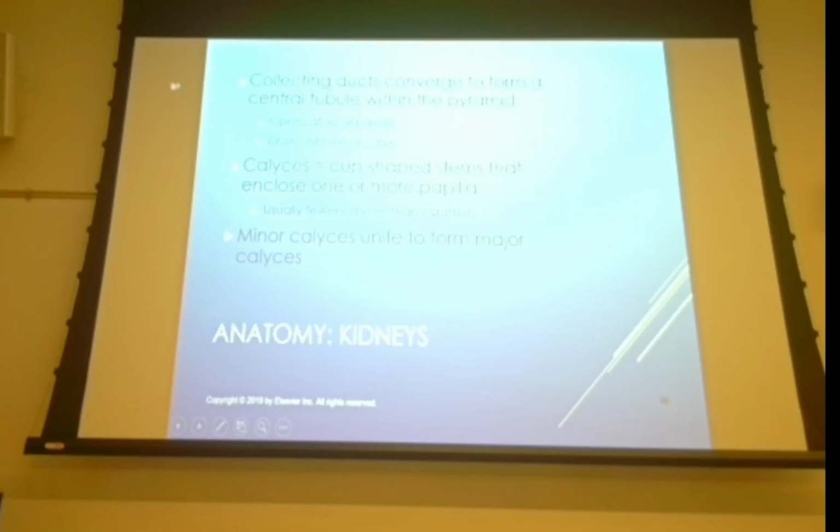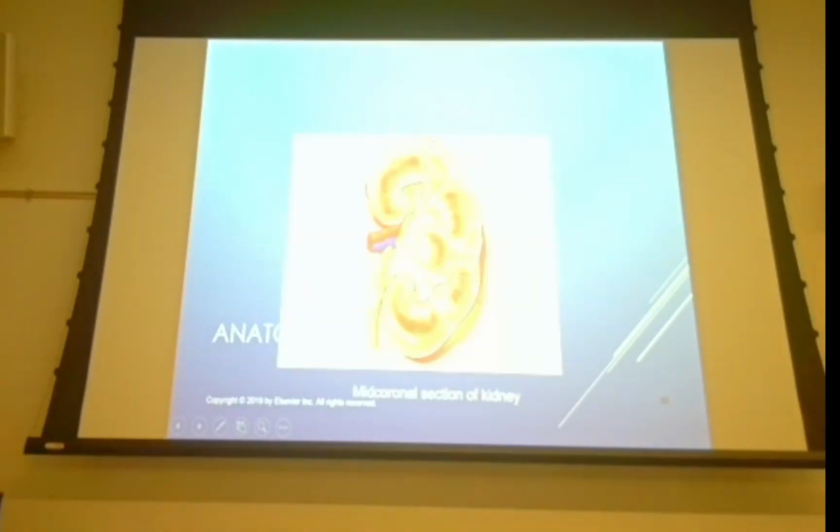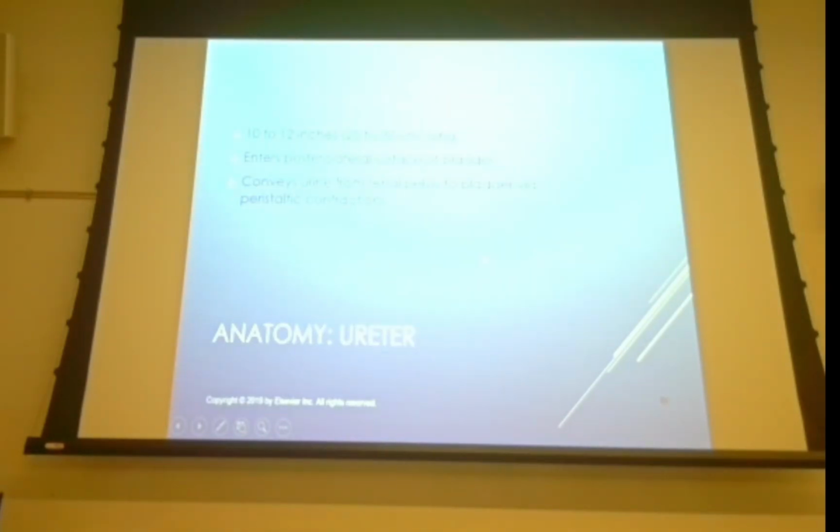Okay, so the collecting tubes, again, we just took a look at all of that. Calyces, cup-shaped stems that enclose one or more of those collecting, or the papilla where the nephrons dump, and minor calyces join together to form major calyces. And we just looked at all that.